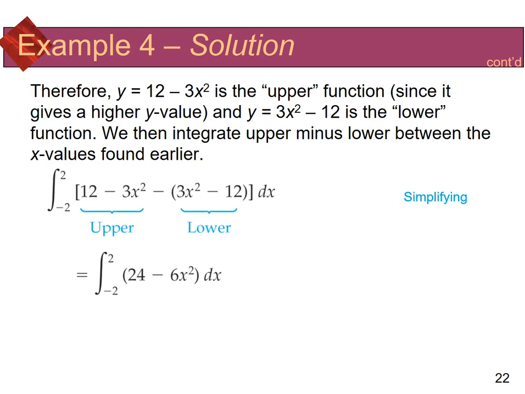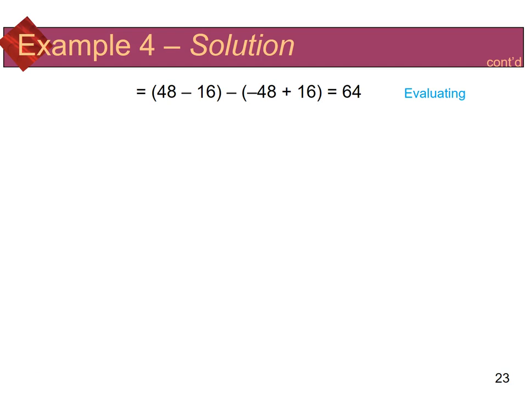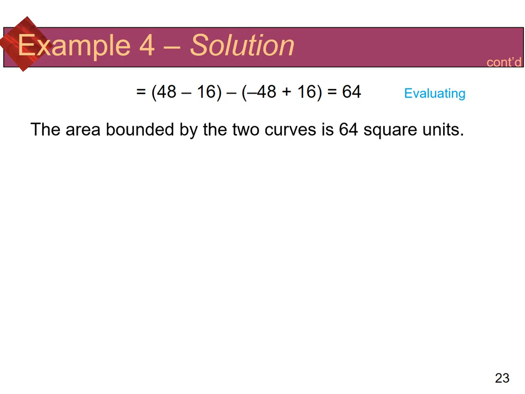So I end up getting the integral from negative 2 to 2 of 24 minus 6x squared dx. When I take the integral, I get 24x minus 2x cubed, going from negative 2 to 2. Plug those values in, I get 64. So the area between the two curves is 64 square units.